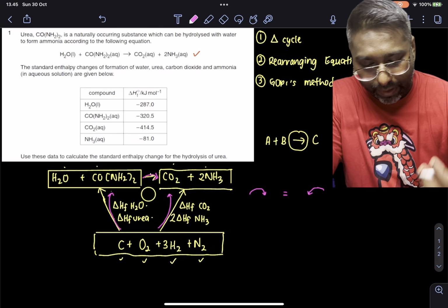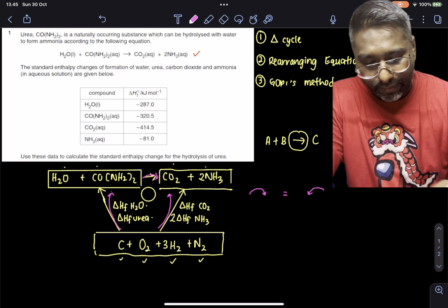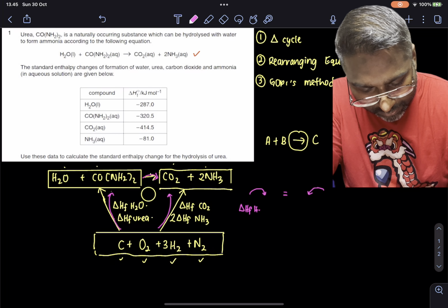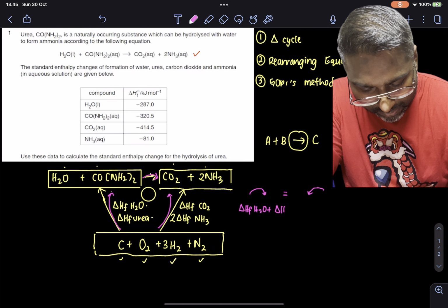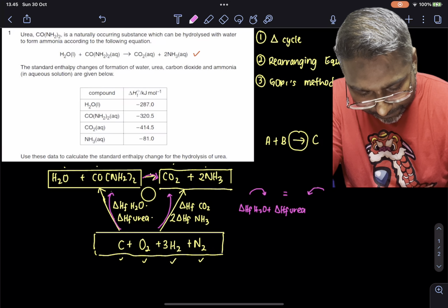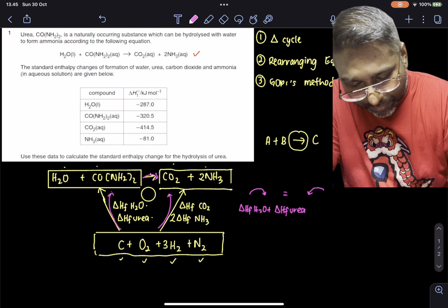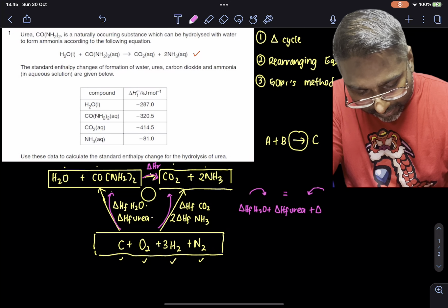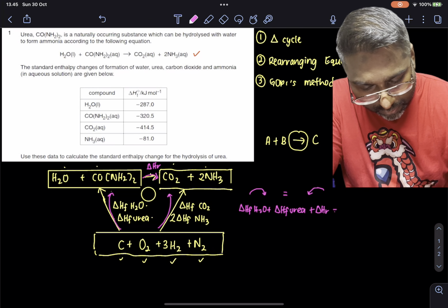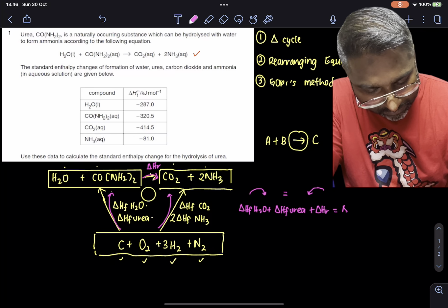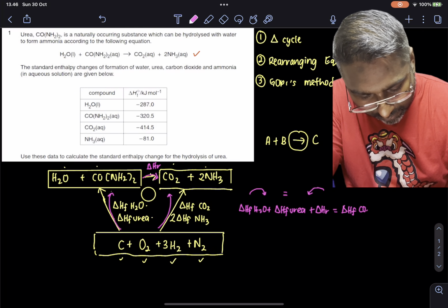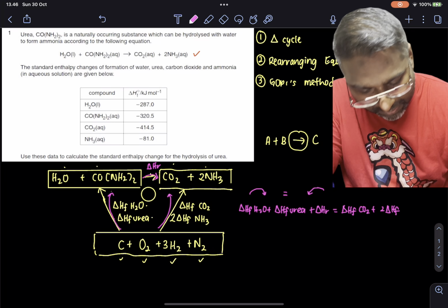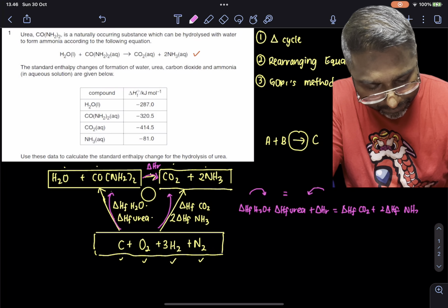If I want to represent this and solve this, it should be the enthalpy change of formation of water, you add the enthalpy change of formation of urea, and this is also in the clockwise direction, the enthalpy change of reaction. So I'll put the enthalpy change of reaction equals to the anti-clockwise, which is going to be the enthalpy change of formation of carbon dioxide plus 2 times the enthalpy change of formation of ammonia.